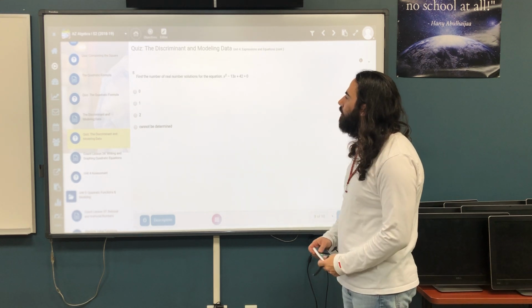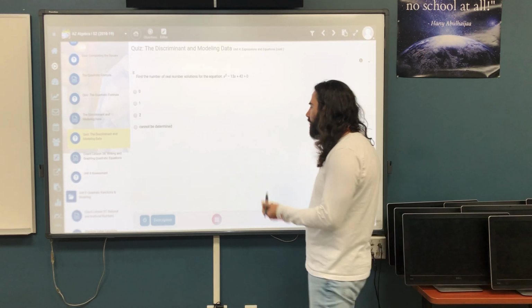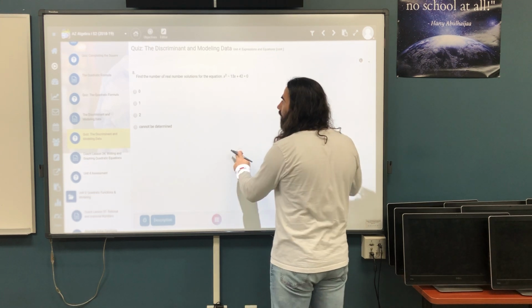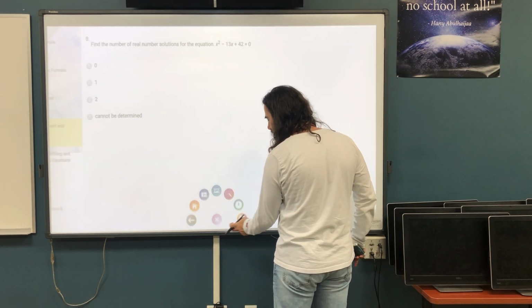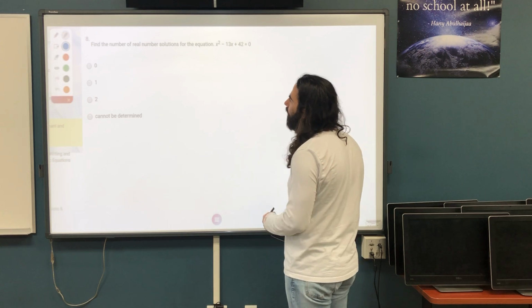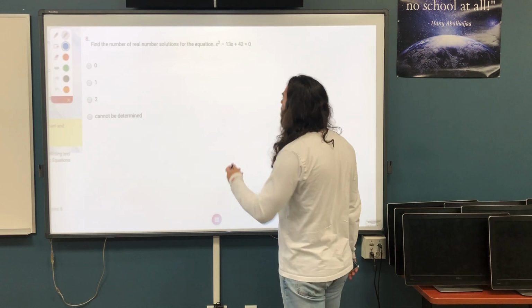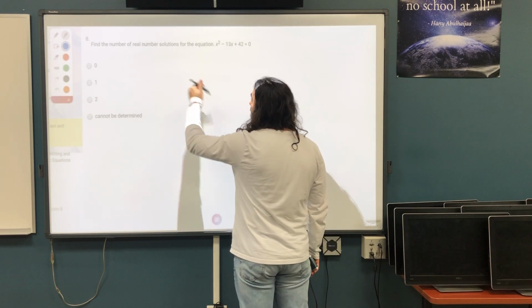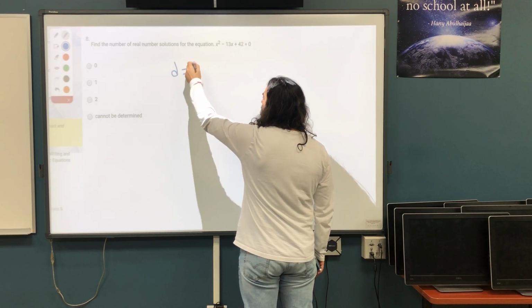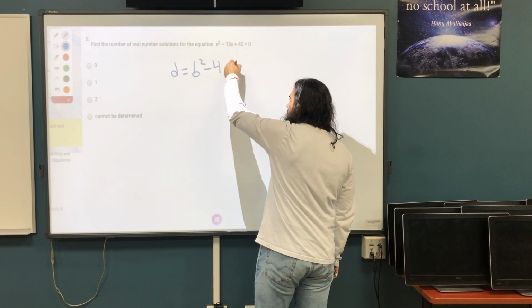8. Find the number of real number solutions. That's another one for the discriminant. I'll zoom it. So again, guys, we need to find how many real solutions we have. So let's begin. We need D equals B squared minus 4AC.